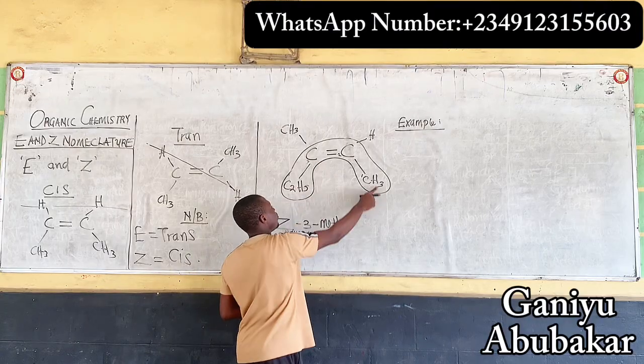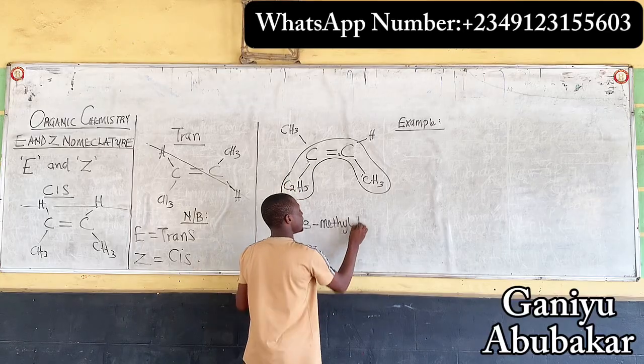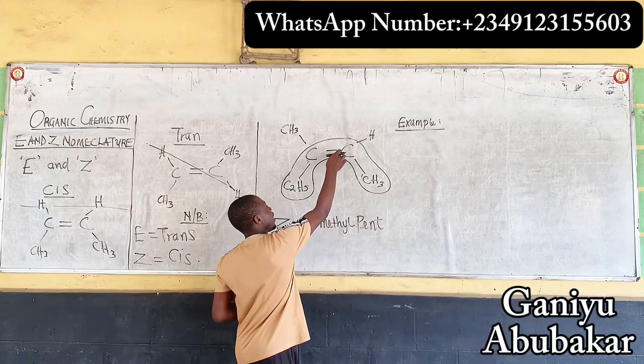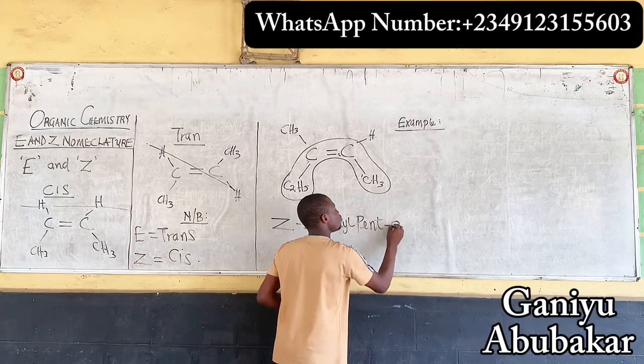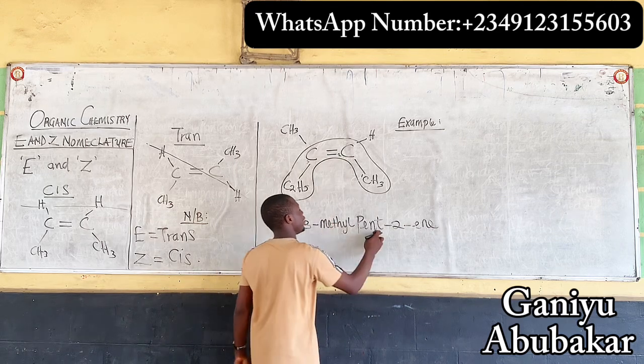Next task there. The total number of carbons here is of course 1, 2, 3, 4, 5. That's 5. 5 is pent. The double bond is attached to carbon 2. That becomes pent-2-ene.